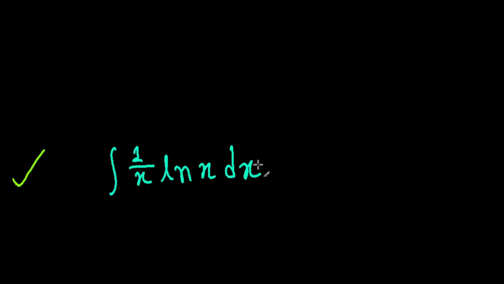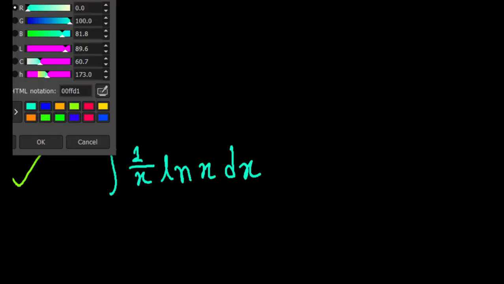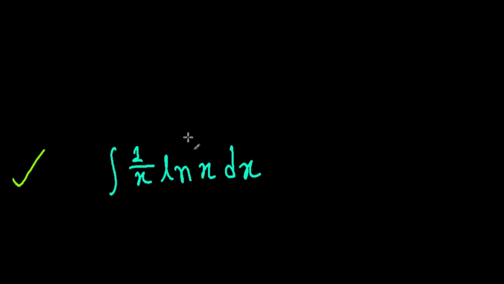So what you have here is 1 over x natural log of x, okay, dx. Now, if you are noticing, the fact that this is natural log and you have the derivative of it just lying outside, you should be able to deduce that u substitution is the way to go, right?